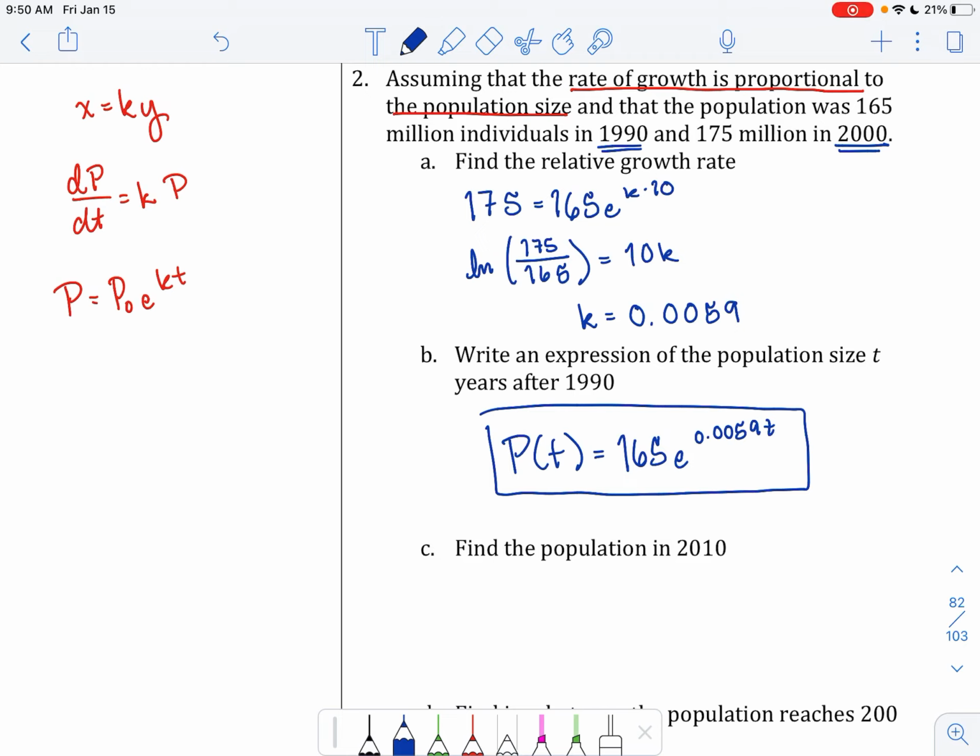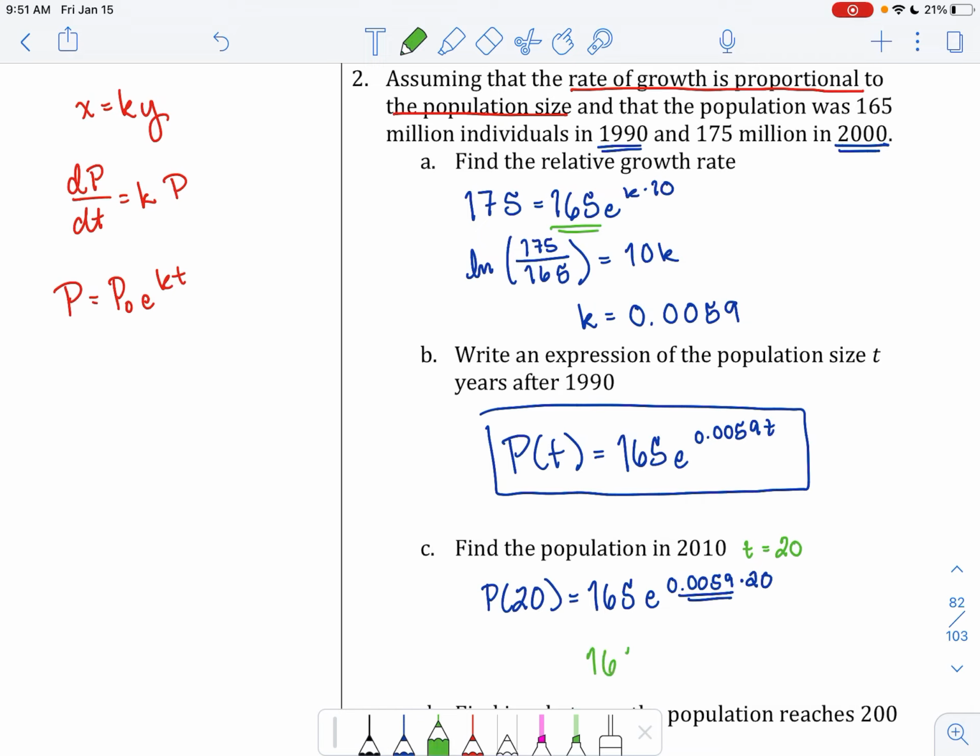Now for C, find the population in 2010. What this means is that t is equal to 20, since that's years past 1990, years from our initial population that we were given. So I want to then find P of 20, which is 165 times e to the 0.0059 times 20. And this is where I'm just going to have saved this in my calculator.